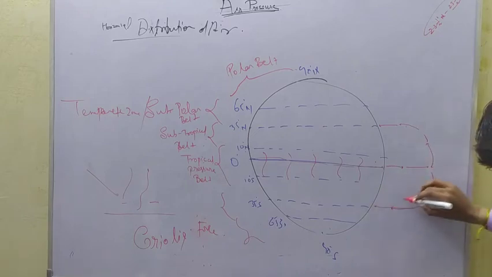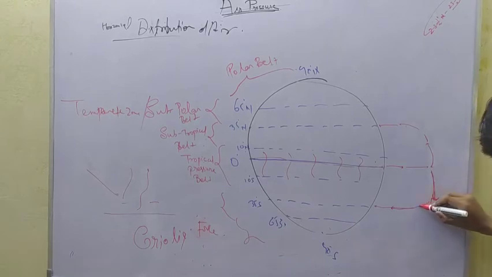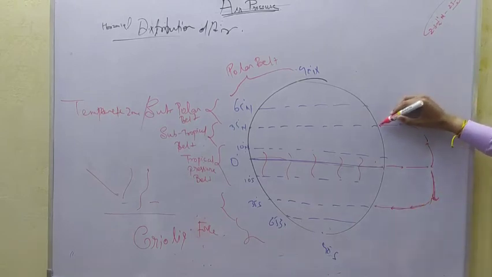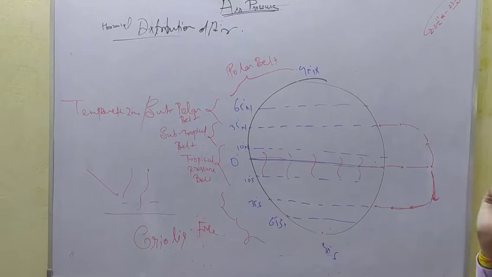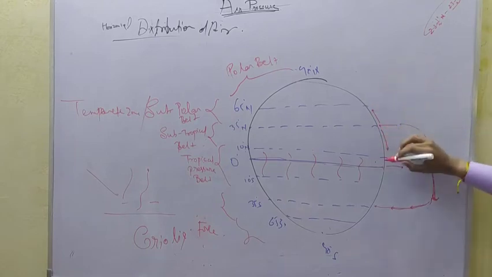The wind that has reached a certain height will get deflected, and their temperature will decrease. As a result, they will fall down, thus creating a very high pressure at 35 degrees north and south latitudes. And they will move leftward and rightwards.